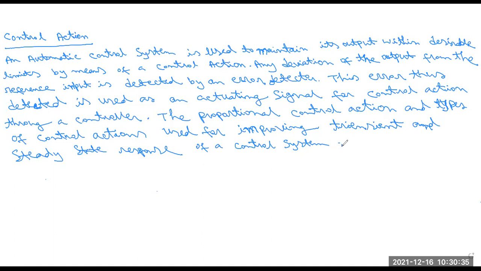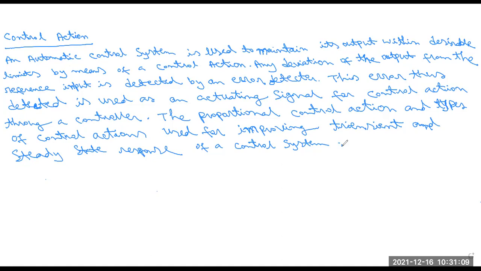Let me elaborate on these things. An automatic control system is basically used to maintain its output within the desirable limits by means of control actions. Any deviation of the output from the reference input is detected by an error detector.